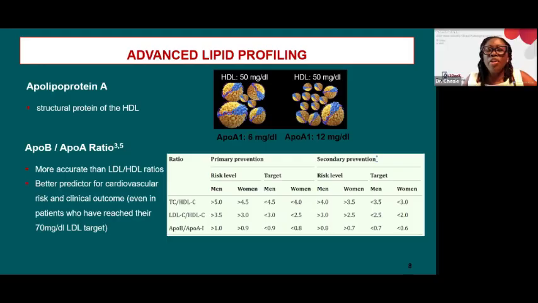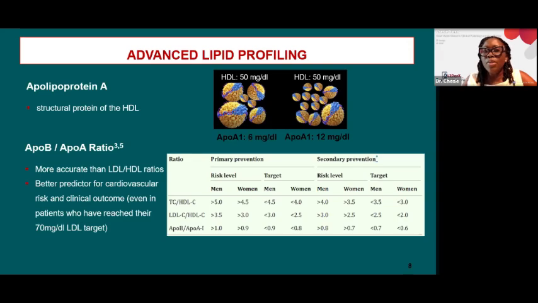All right, good. So for HDL, based on the screen you're seeing here, what would be a good marker for your good cholesterol? Look at what she just showed us here. You have 50 milligrams per deciliter of good cholesterol in the picture, left and right. But you notice that the particle sizes and quantities are different, right?